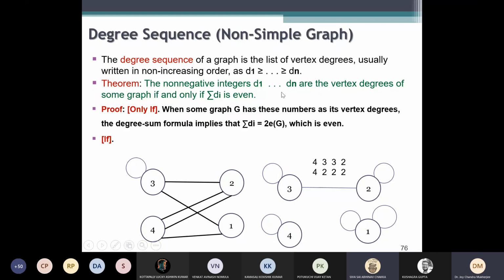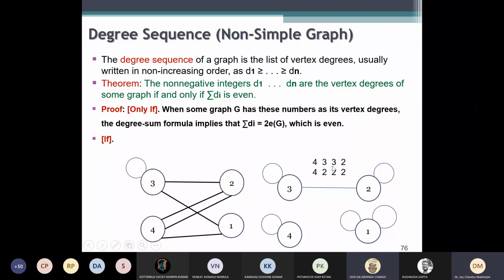Next, they give you numbers d1 through dn such that the summation of di is even, and your task is to construct a graph which satisfies this property: there are n vertices and each vertex has degree d1 through dn.